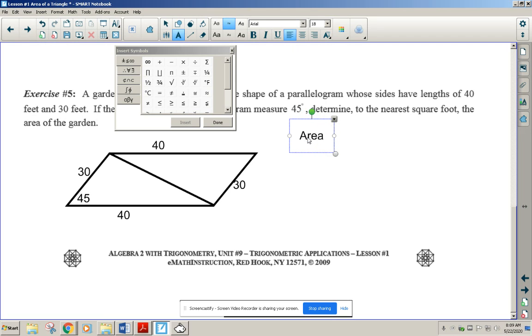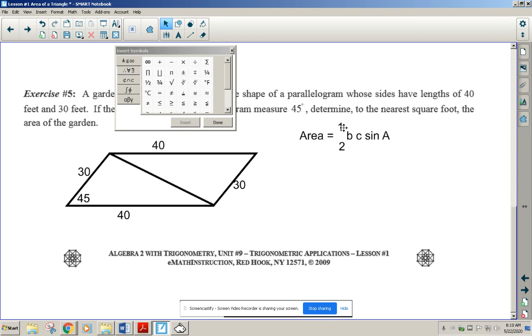So the area is equal to, let me just write out the formula, 1/2 times B times C times the sine of angle A. I find this, and it's going to go both here and here.